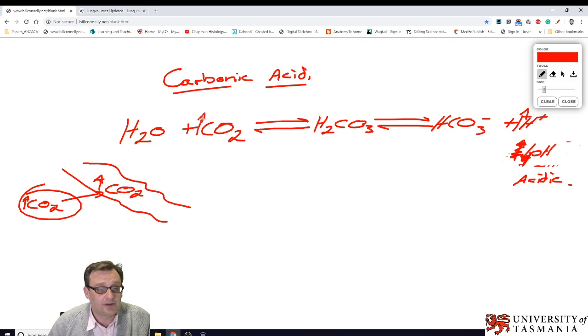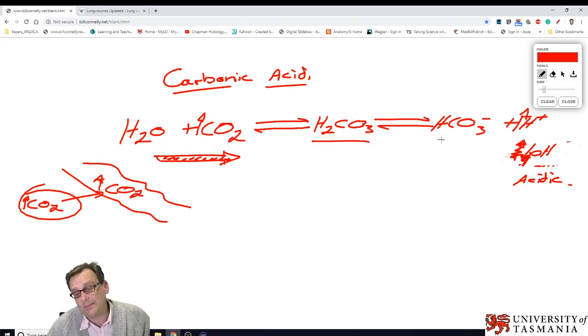That increase is going to shift this reaction in this direction, creating carbonic acid, which will rapidly break down into bicarbonate and hydrogen ions.